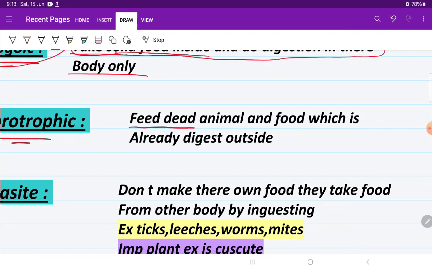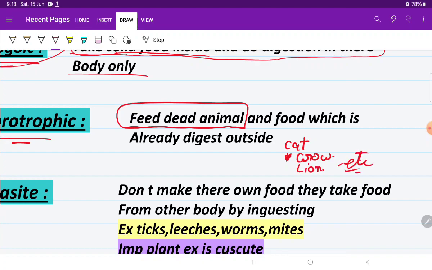Now let's see what is saprophytic. They depend on dead animals for their food. For example, cat, crow, lion, vulture, etc. So what does the animal do?